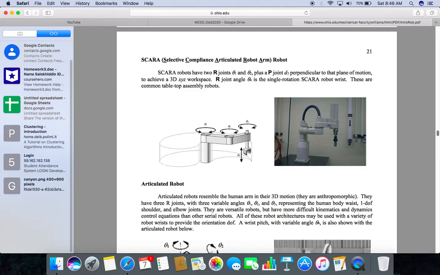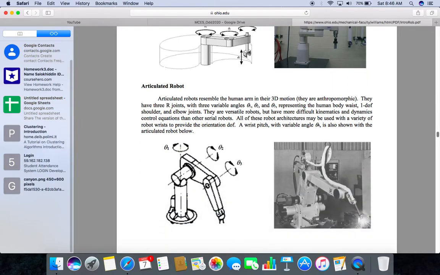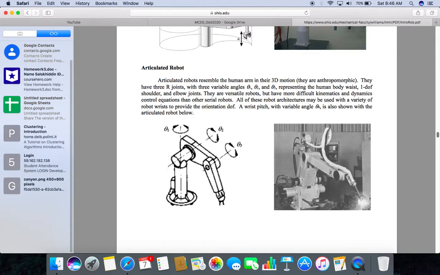All of these robot architectures may be used with a variety of robot wrists to provide the orientation DOF. A wrist pitch with variable angle theta 4 is also shown with the articulated robot below. The example shows theta 1, theta 2, theta 3 movement and the corresponding actual figure showing a welding operation it is carrying out.